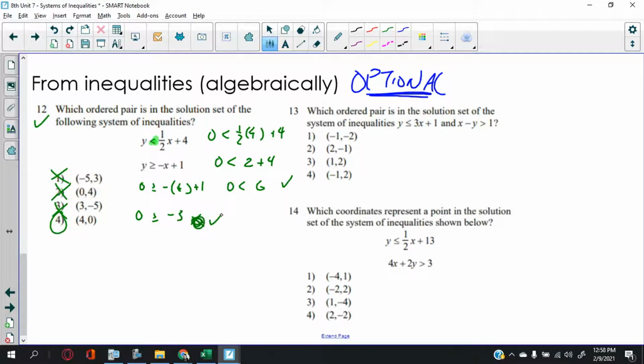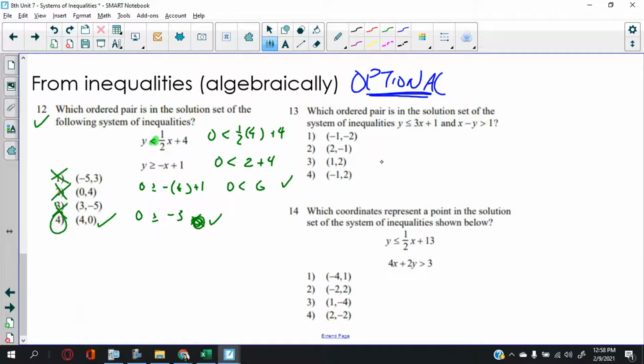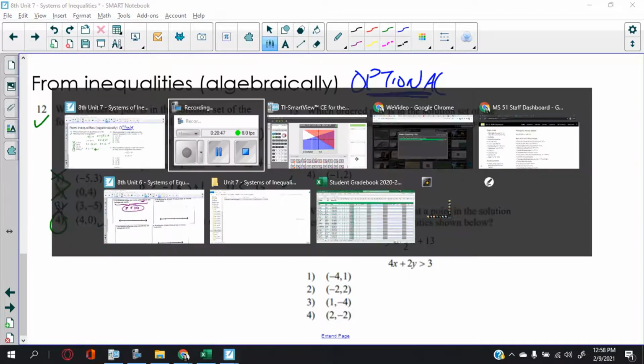My brain is not working correctly. Yes, 0 is bigger than negative 3, so that's why this is right. And if you place 0, 4 in there, those statements wouldn't be true. Now, for 13 and 14, I'm just going to do the graphing calculator way. This one's straightforward enough, so let me enter that in.